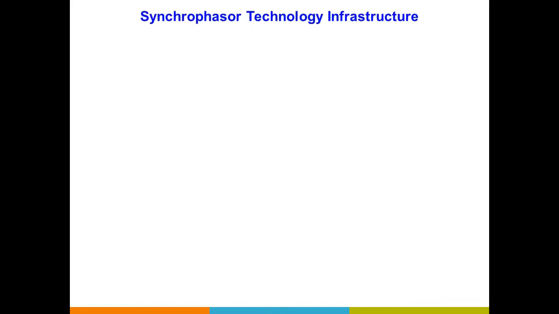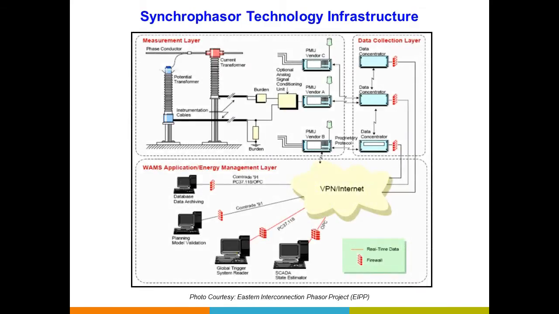Having talked about the synchrophasor technology infrastructure, it is important to show you this interesting figure. We can see that the CTs and PTs are getting the current and the voltage analog signals, and all these signals are sent to the PMUs which are located in the substations like I had mentioned.